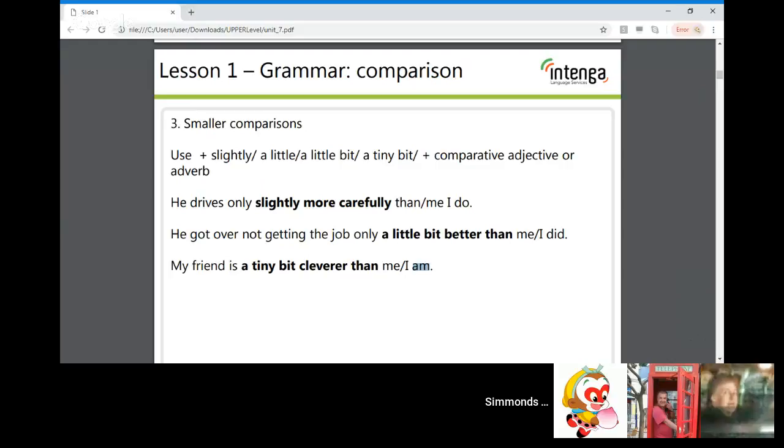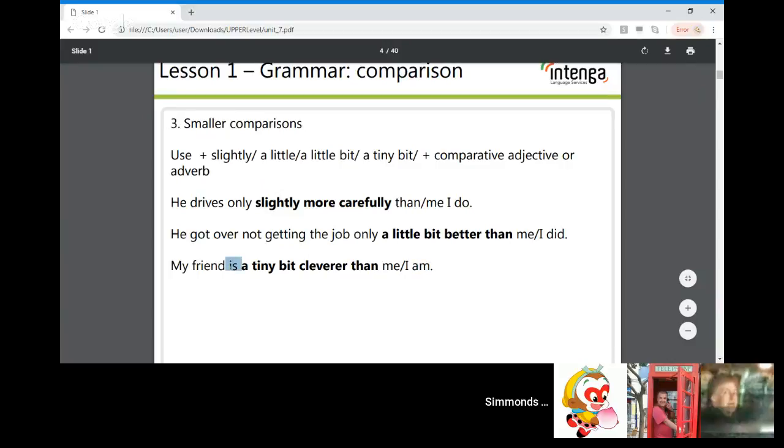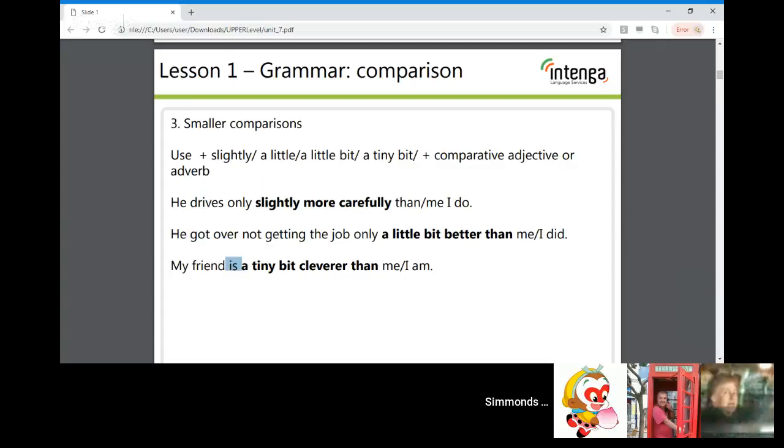Okay, good. And that's why it's the adjective here. And so our only other verb in here is the verb to be, conjugated for my friend. And you would say, I am clever, for example. My friend is a tiny bit cleverer than me, than I am. Does that make sense? Yes.